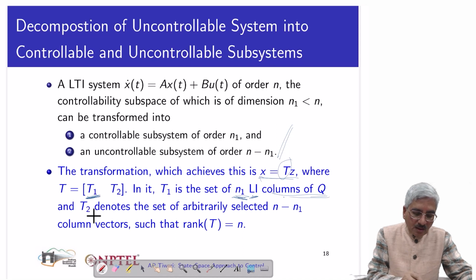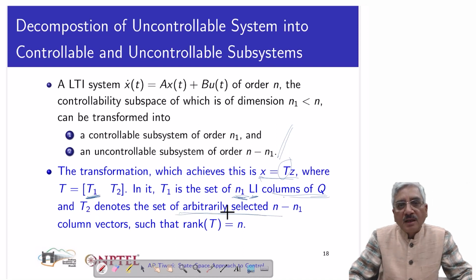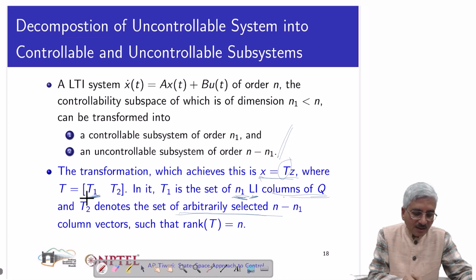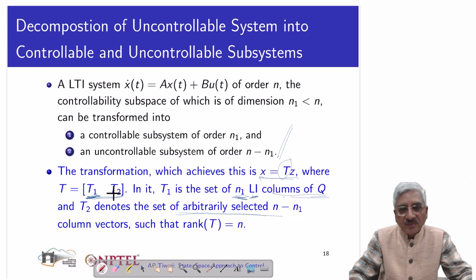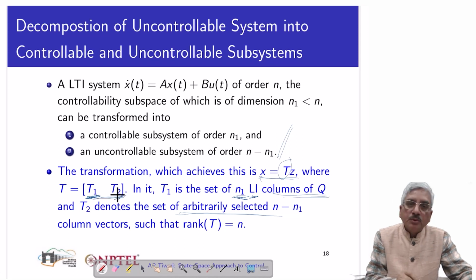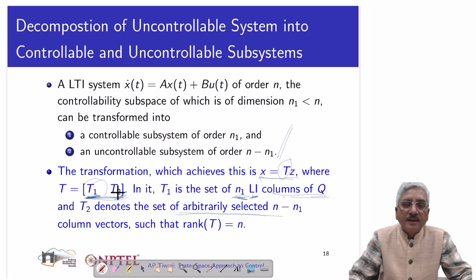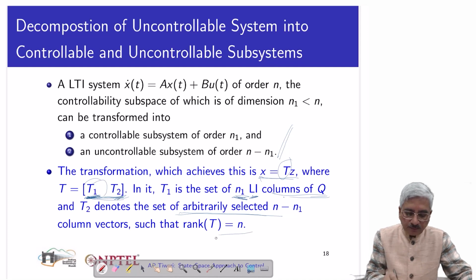And we select arbitrarily the remaining n minus n1 columns to make this T an n by n matrix, and while selecting T2 we take care that they are independent of T1, so that the entire matrix T1 T2 equal to T will have rank n.